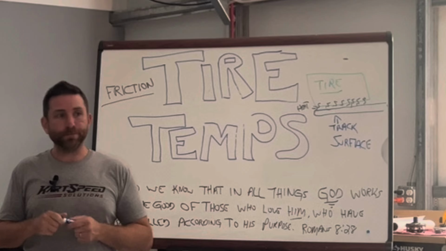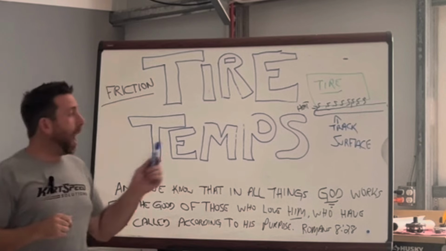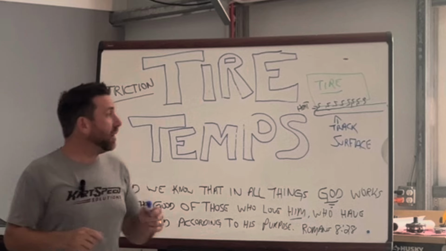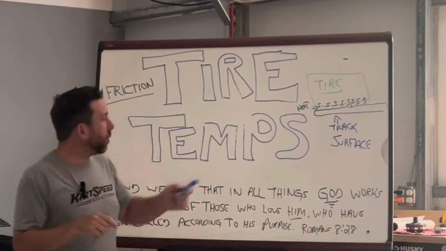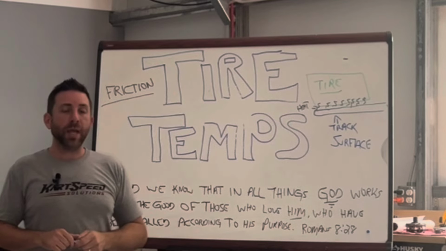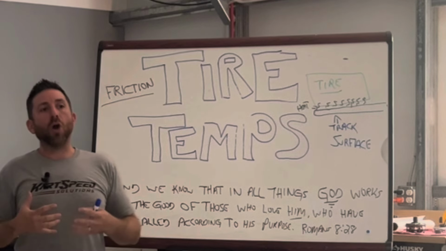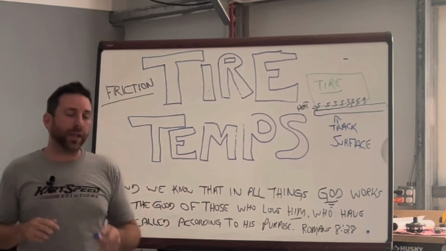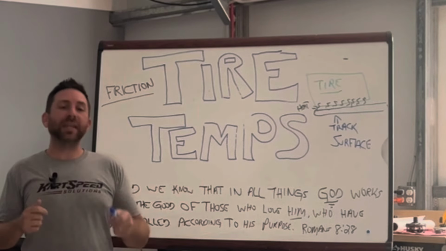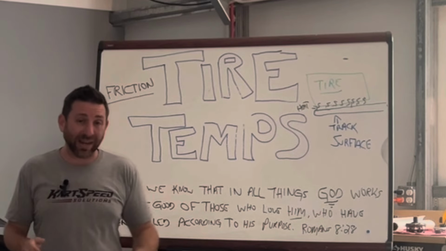So when the go-kart goes onto the racetrack, your tires are experiencing dynamic friction, and the two contact surfaces we're going to talk about are the tire surface and the track surface. Now, the faster the go-kart goes, the more lateral forces are applied to the tires, and the more forces applied will exceed the tire's grip threshold, causing the tire to slide.